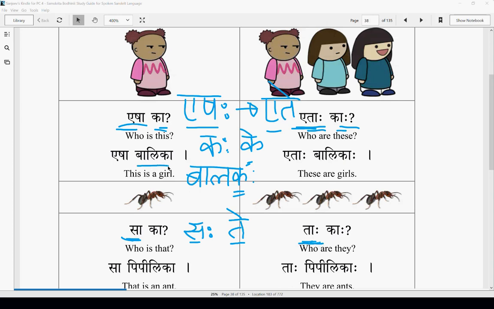But here balika, ekavachanam, just has a with no visarga. It changes to a and visarga similar to balakaha, but here the word itself is balika, so we are just adding a visarga: balikaha. Similarly, pipilika, we just add a visarga: pipilikaha.